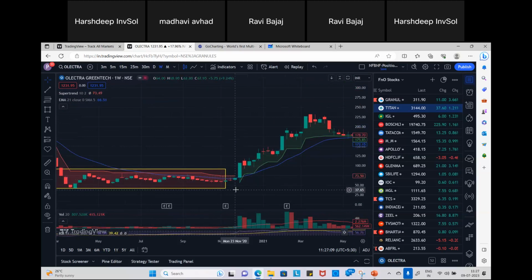As soon as this candle is printed, the Supertrend goes below the prices, which means something positive has happened, and it has essentially come out of this range bound movement. So this is a possible beginning of a positive trend or uptrend on the stock.